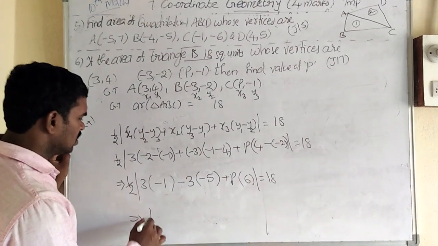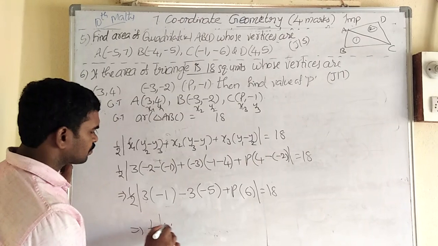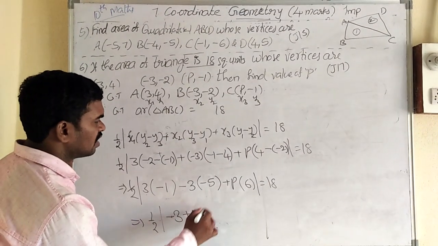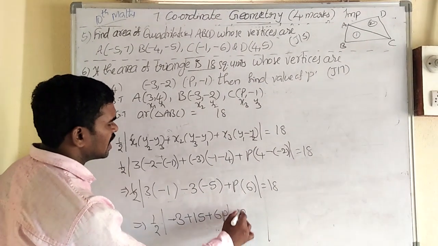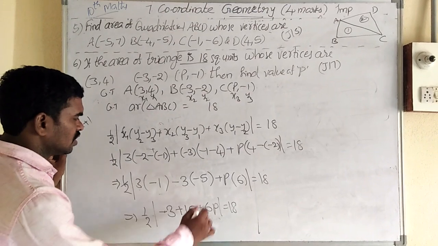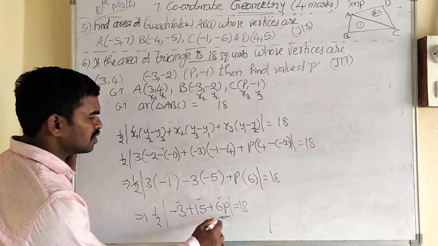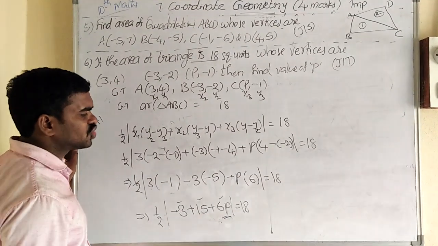So implies 1 by 2, 3 into minus 1, minus 3. Minus 3 into minus 5, plus 15. Plus p into 6, plus 6p is equal to 18. Next 6p plus 15 minus 3. These are the variables, keep as it is. Here number, here number. So 15 minus 3, 12.